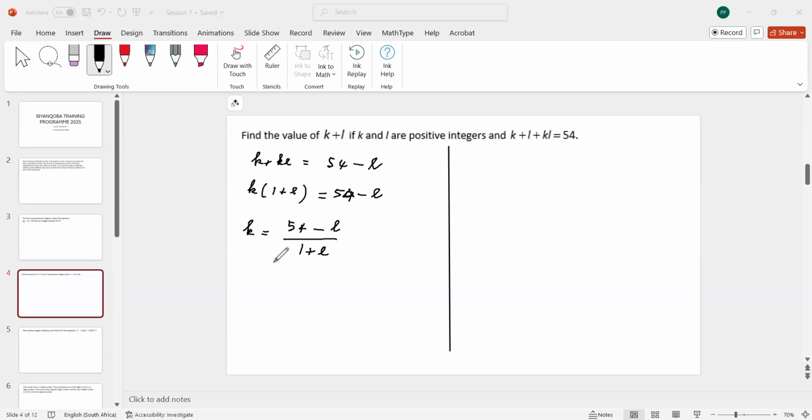It's an interesting problem. Now, there's a very nice way of solving this problem. What you have to do is create a 1 plus L at the top, and then I'm going to use the fact that a plus b over c is the same as a over c plus b over c.